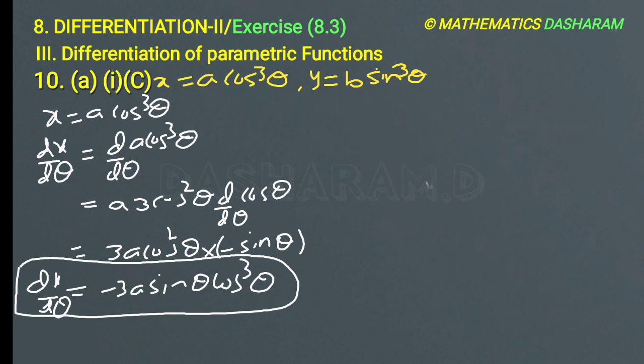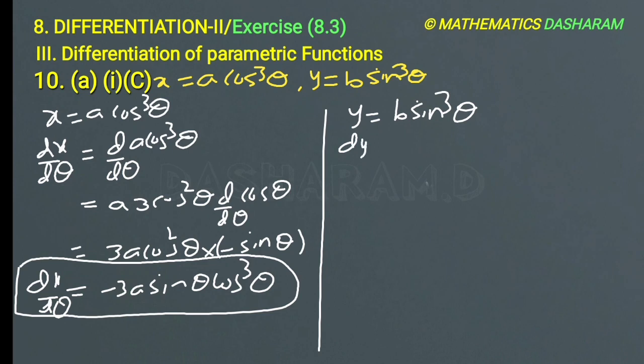So next, dy by d theta. First of all I will write the function y equals b sin cube theta. Then dy by d theta equals d by d theta of b sin cube theta.